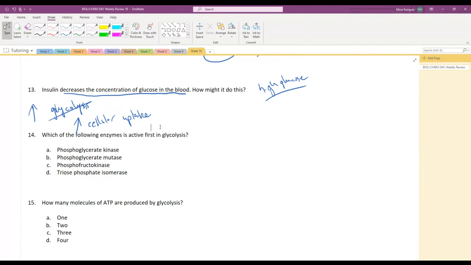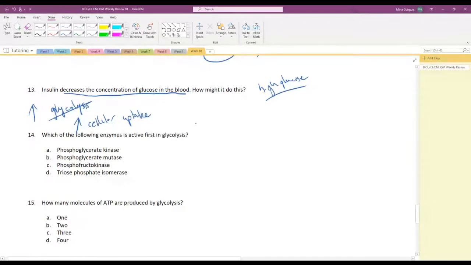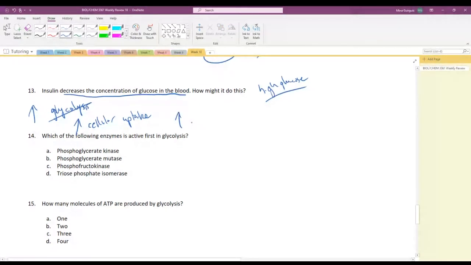Well, if we're using passive diffusion to get glucose into the cells, that's fine. Why not use some energy to get glucose in there for sure? It's not energetically favorable because the point of having glucose is to make energy, so why would we use it? But if we have high glucose in the blood and it's not healthy, that could be a worthwhile way to do it.